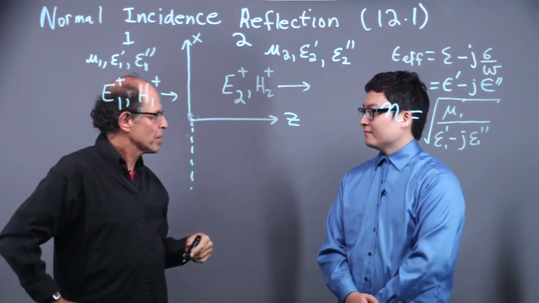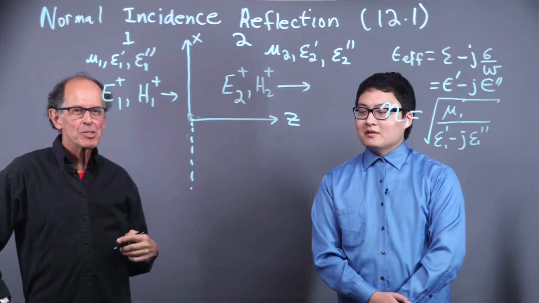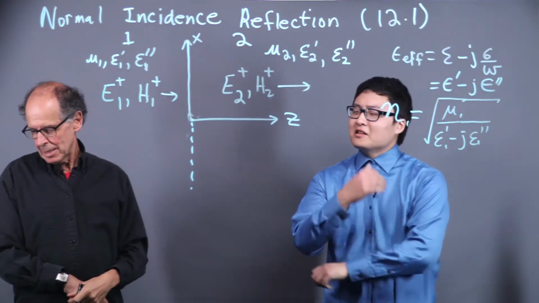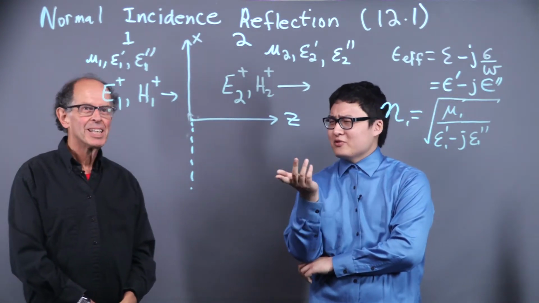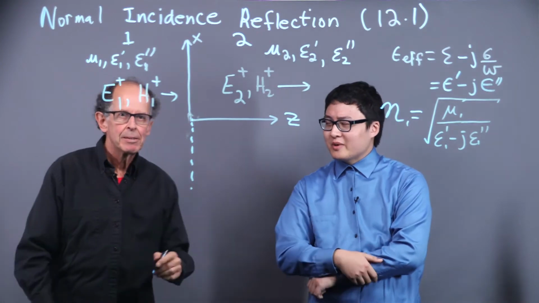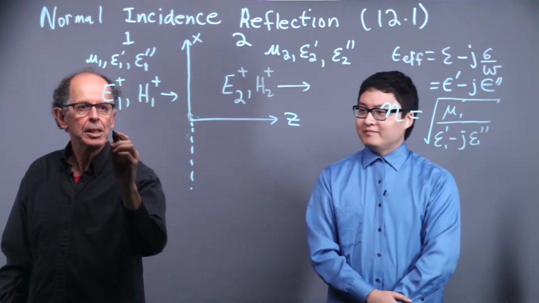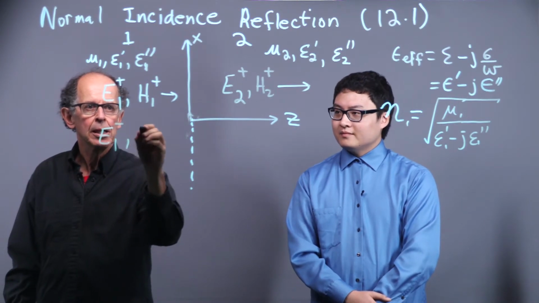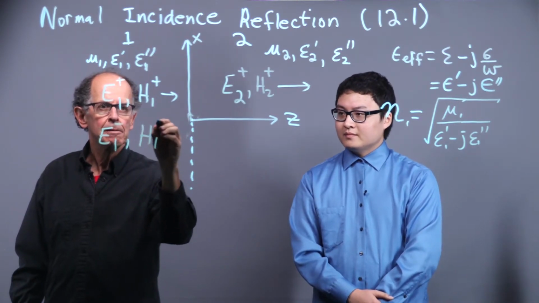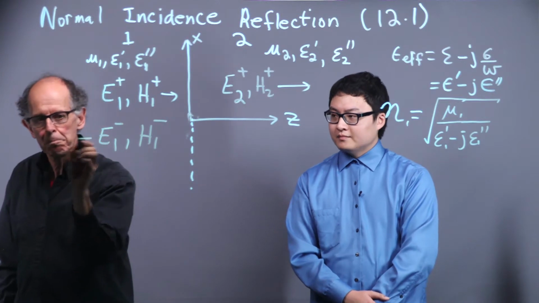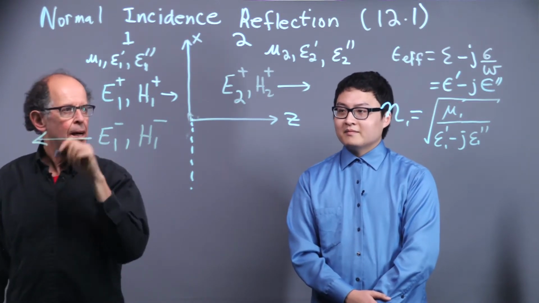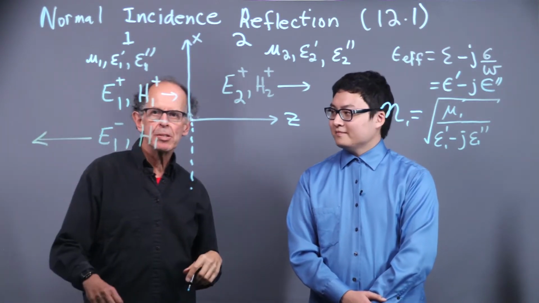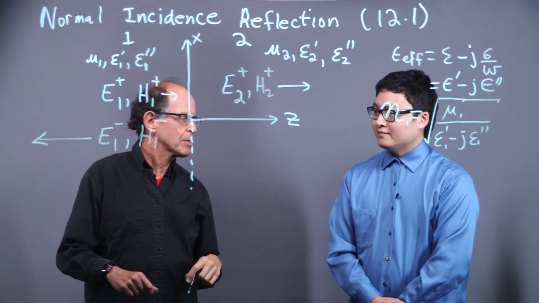Is that enough, Sam? It's missing something? It does look like we're missing something. In transmission lines, didn't we have things going back? We had reflections, so let's put that in: E1 minus, H1 minus, going back. Another thing that's missing is the y-axis.